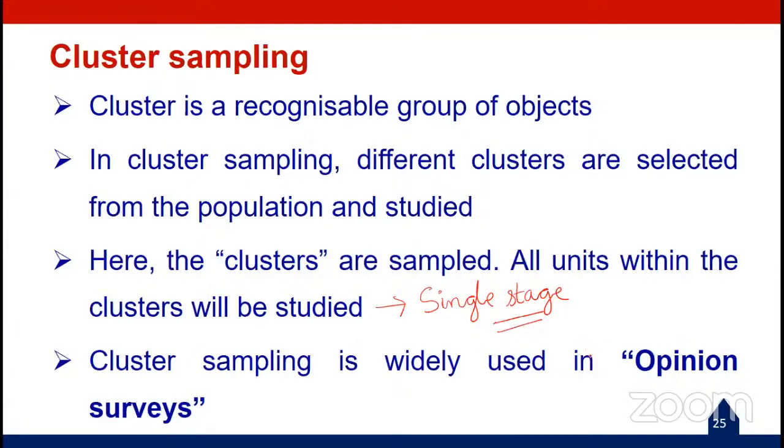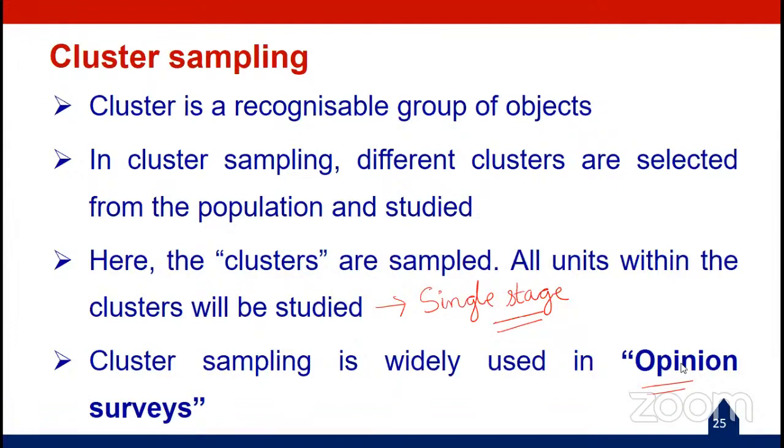And this cluster sampling is widely used in opinion surveys. So you want to know the opinion about a particular product, about a political party, or about some newly launched scheme of the government. In all this we mostly use cluster sampling.